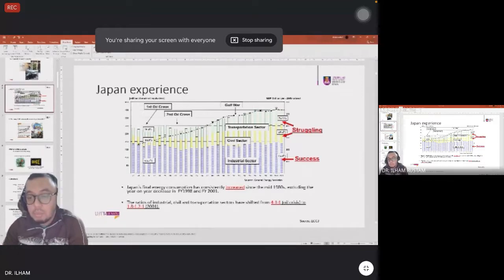So almost stagnant, even though there was the Gulf War, the second oil crisis, the first oil crisis. The first decade, in the 70s and 80s, was the only time you see a decrease. But as they go into the 90s, 2000, you see it stagnant.